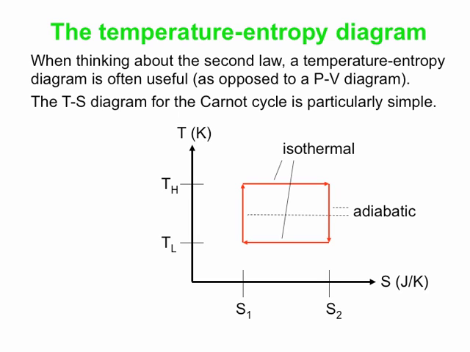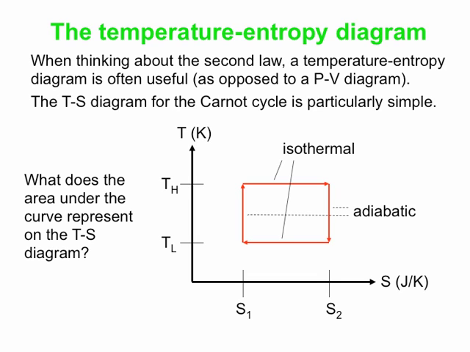So it's a really nice, simple shape on the TS diagram, whereas you get this very odd shape on the PV diagram.